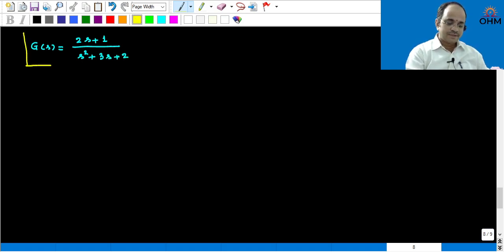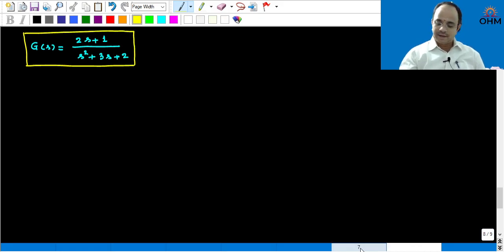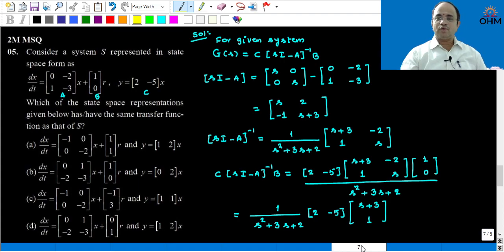Now what I did here, for all of these 4 options, I calculated the transfer function by following the same procedure. If you have any new method or any simplified way to determine the transfer function for the remaining systems, please give it to me in the comment box. But I did the transfer function for all of these cases.